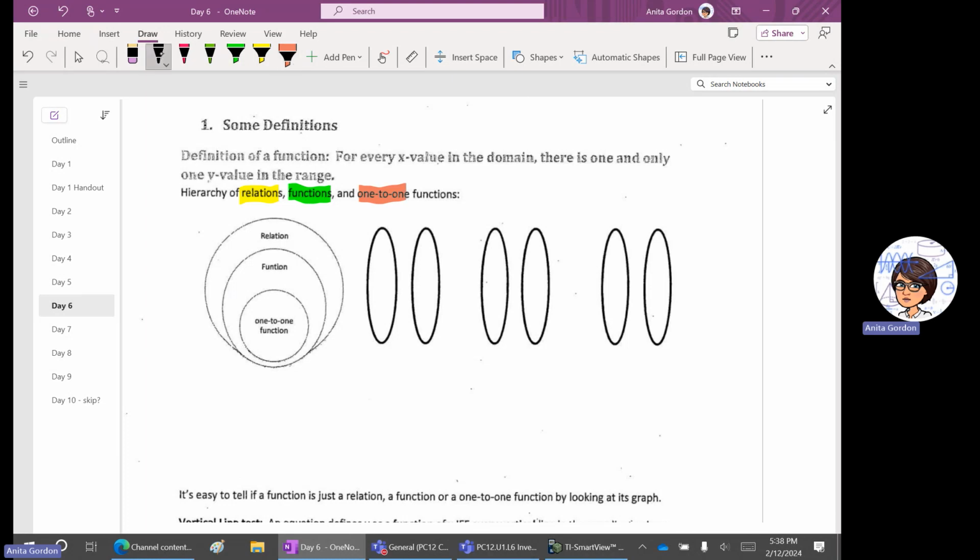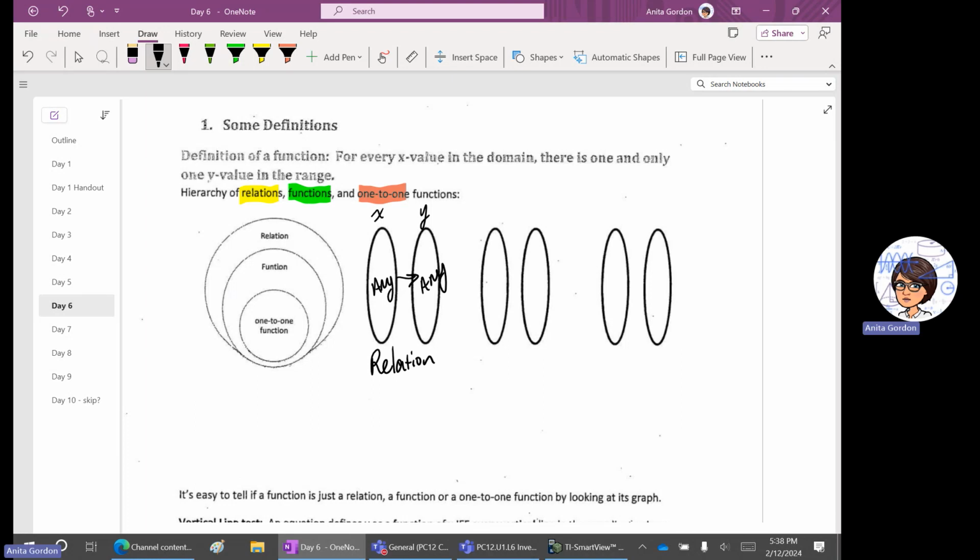Okay, so essentially here, what we're saying is if these are all of our x values and these are all of our y values, then any x creating any y we call a relation.